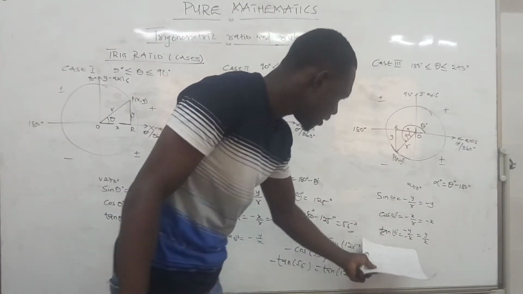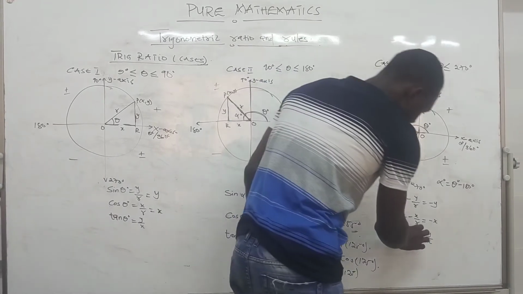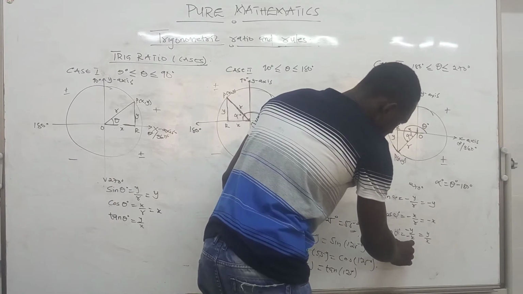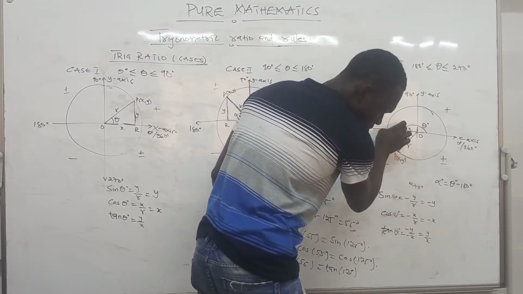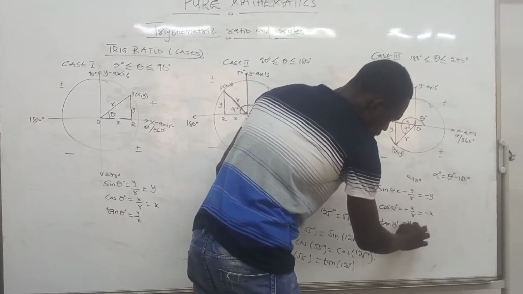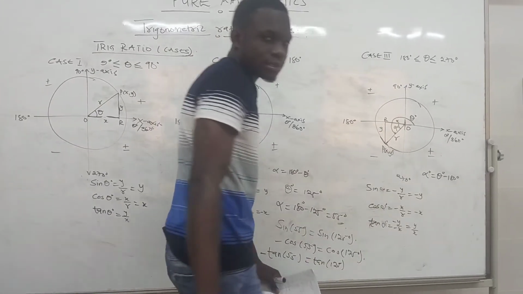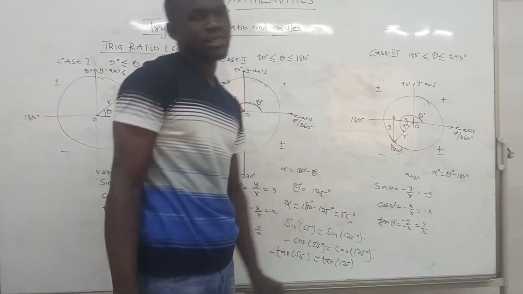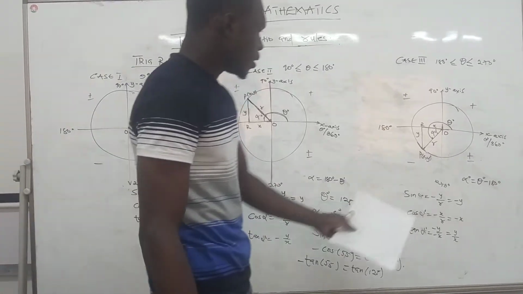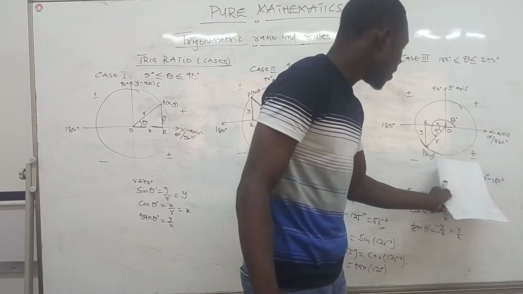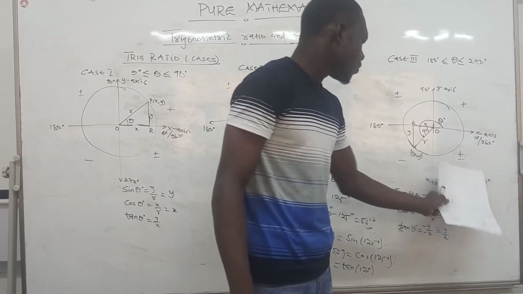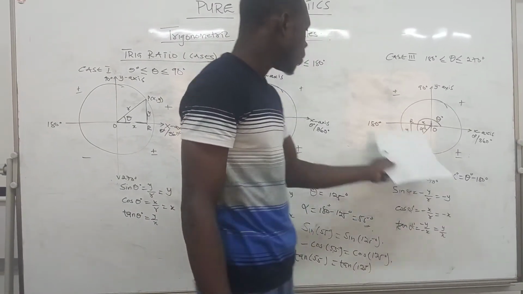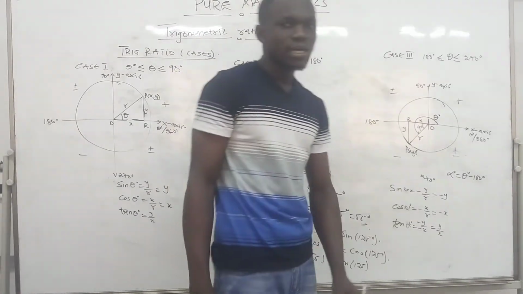But here for the tan alpha, we said tan alpha is y over x, or the opposite over the adjacent, we are going to get negative y over what? Negative x, and the negatives cancel each other, so we get positive over here. So for the angle alpha, we can get it by just deducting 180 degrees from the angle.